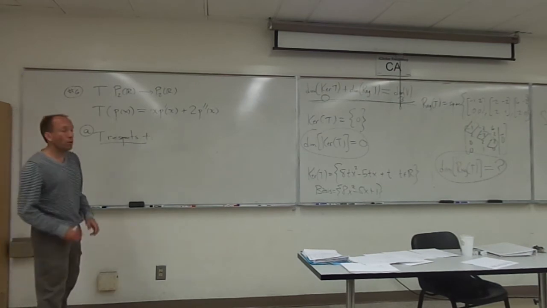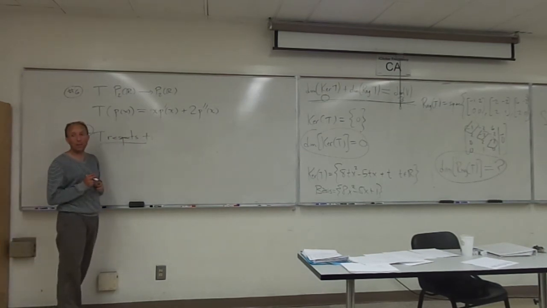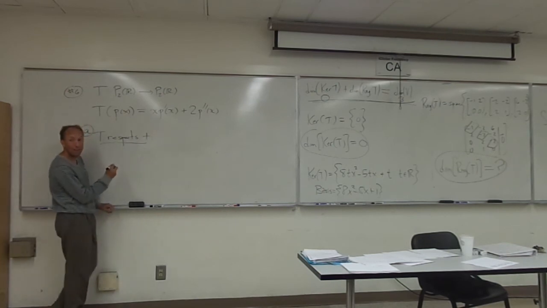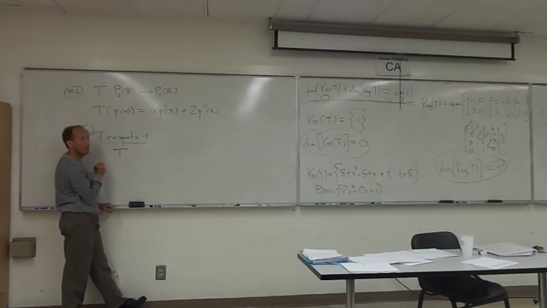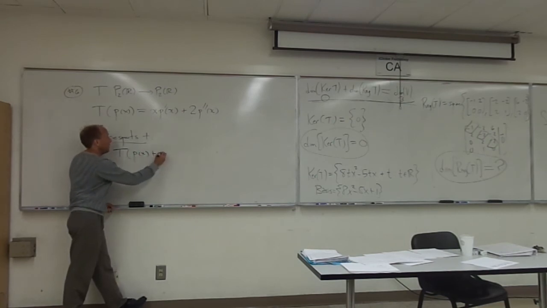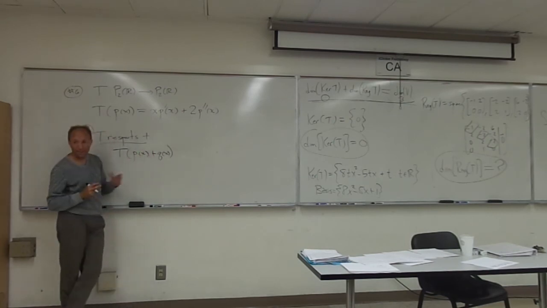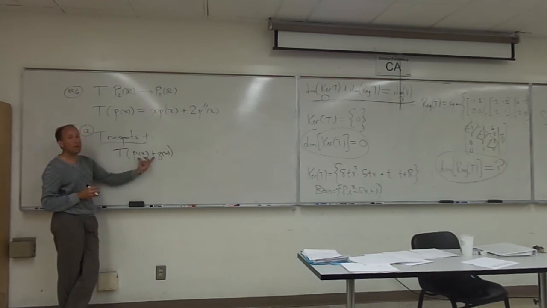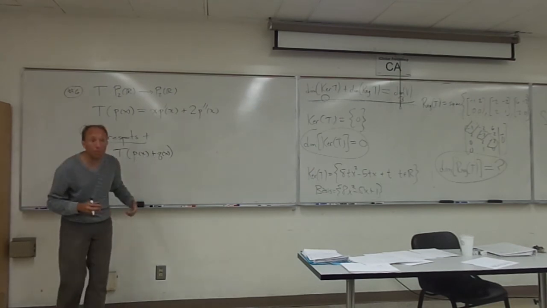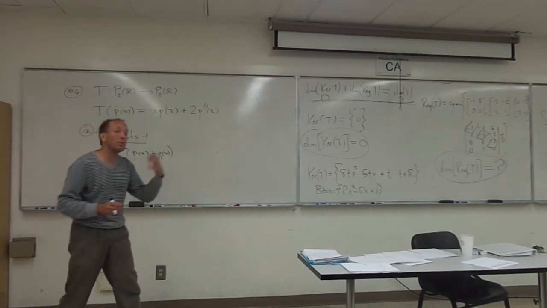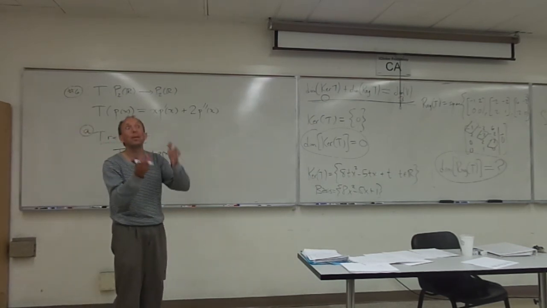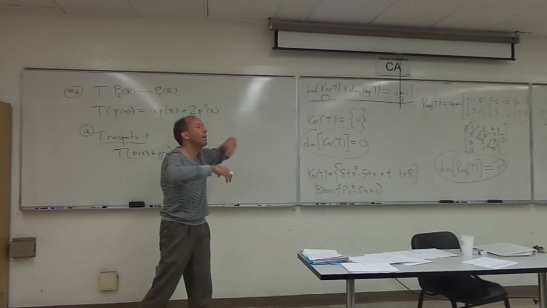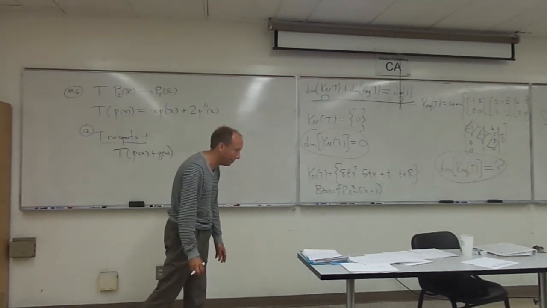Okay, so how do I do T respects addition? How do I start it off? T of P of x plus Q of x. Exactly. So we take P of x plus Q of x, we add them together. If you had written ax squared plus bx plus c and dx squared plus ex plus f, then you'd actually have to add them together and group the terms together, and you'd already be writing a bunch of stuff down.